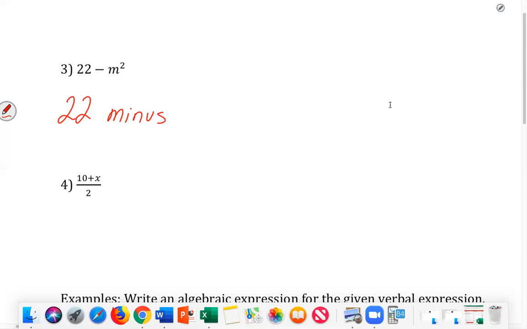Perfect. 22 minus m to the second power. Another acceptable answer is that the second power is squared. So we could have written 22 minus m squared.